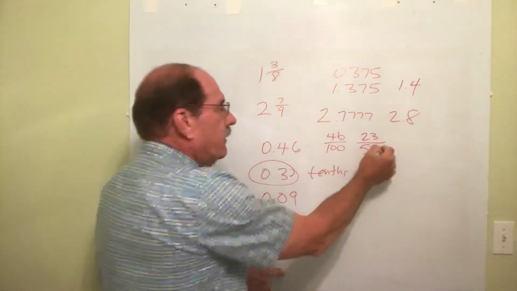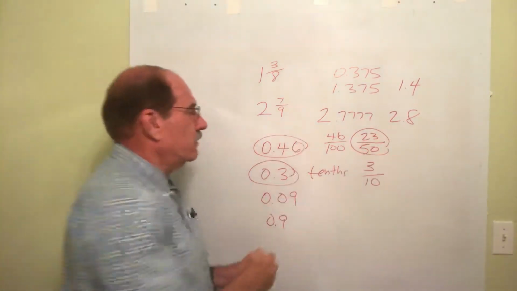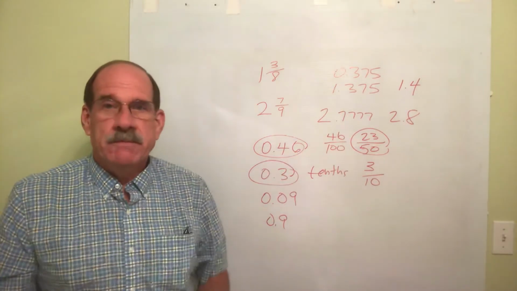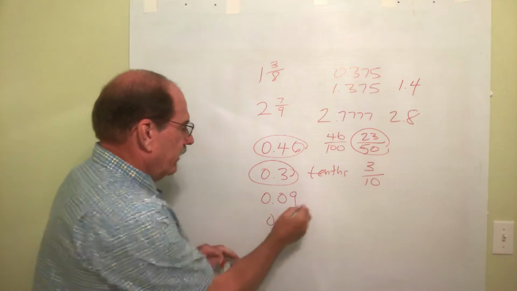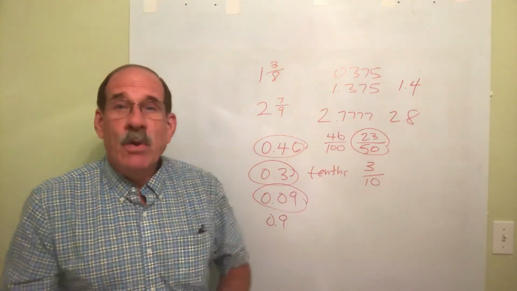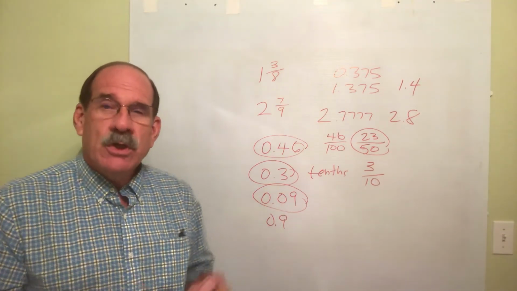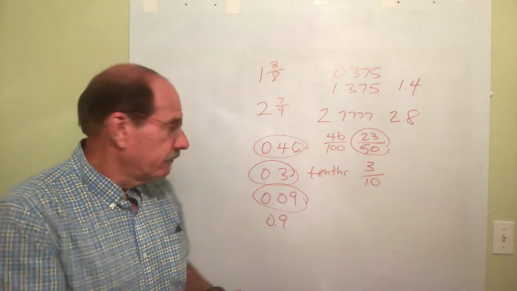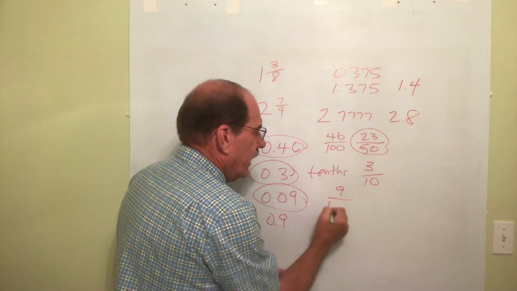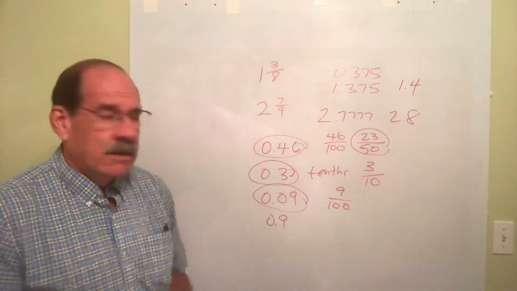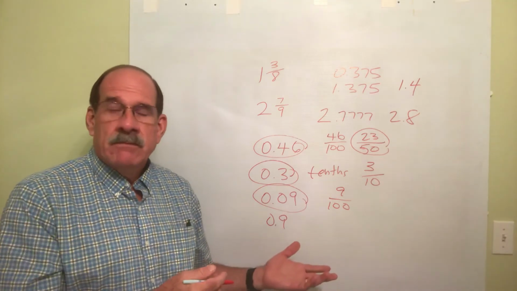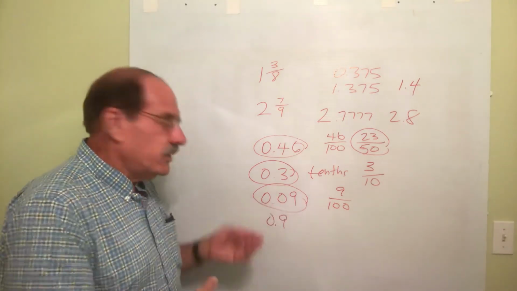So there's the fraction equivalent to this decimal number. What about 0.09? How else could you say that number? 9 hundredths. So write it, 9 hundredths, and that cannot be reduced. So that's the fraction equivalent to this decimal number.